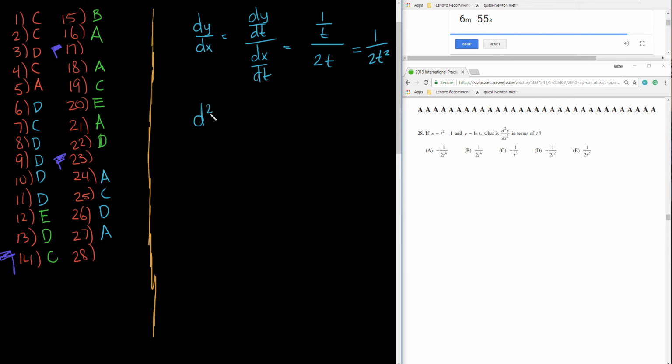Now, the fun part, hope you remember the formula. This is the derivative with respect to t of dy dx, divided by dx dt.